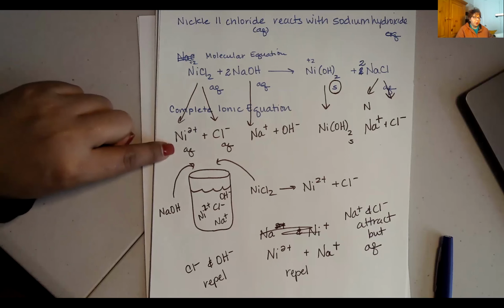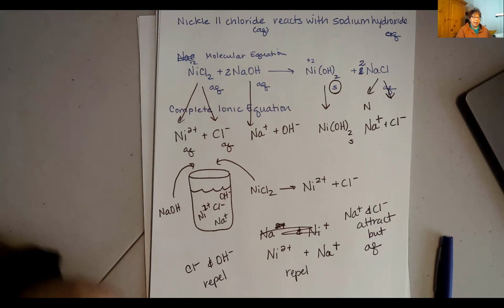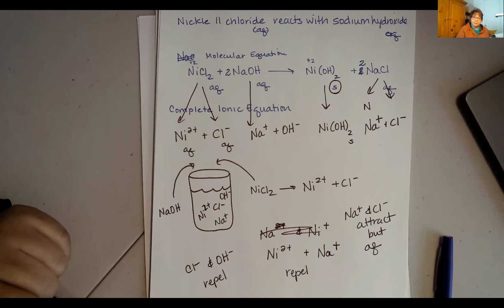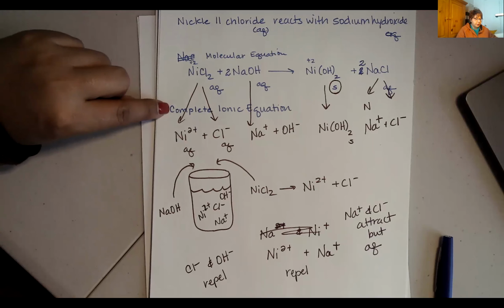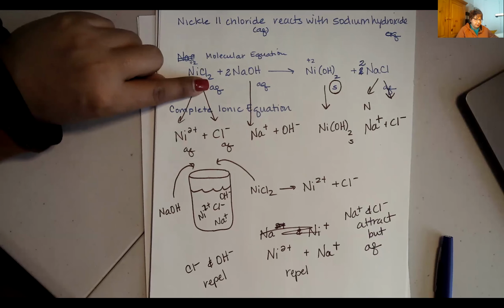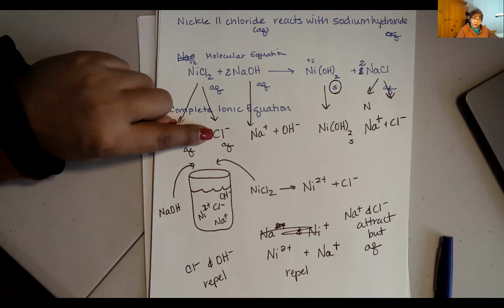What we end up showing is what's called a complete ionic equation. Now, this is a messy diagram. We're going to clean it up, but I want to show you where we get the ions from. In a complete ionic equation, you write things that are aqueous as their respective ions.